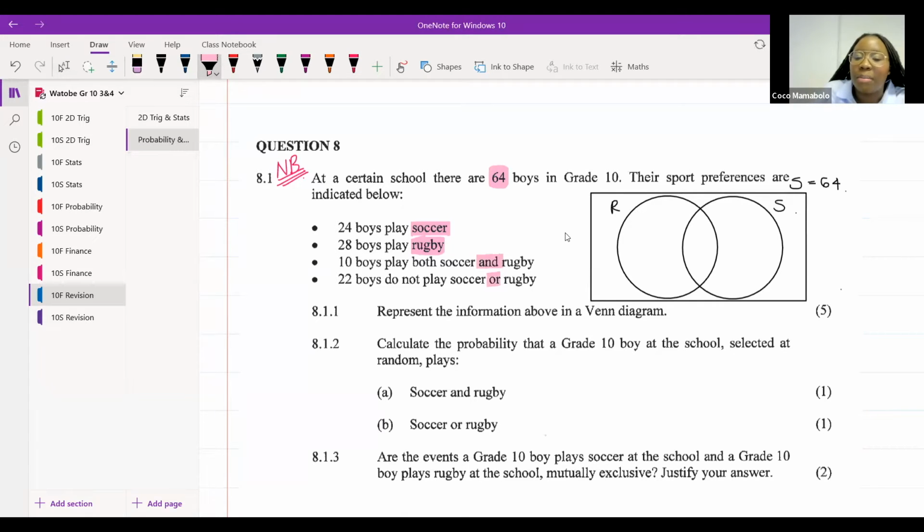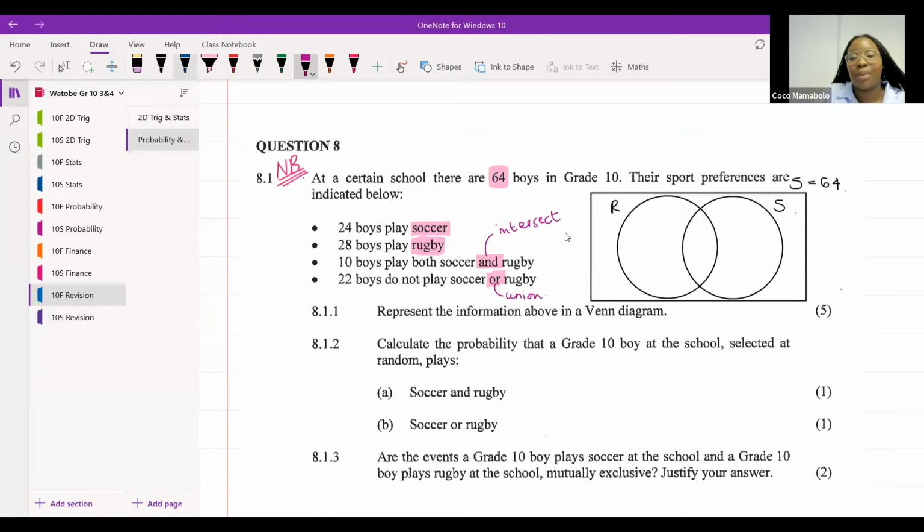Correct. One of them is a union, one of them is something else. Which one is the union? Correct, Naledi. Which one is the union and which one is the intersection? Which is the union, the and or the or? Correct. The union is or, and and is the intersection. I'm loving this. And not is the complement.